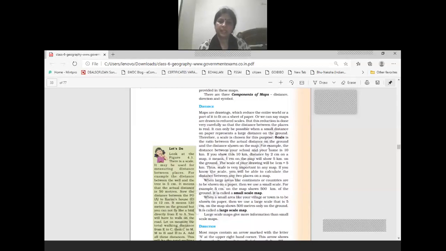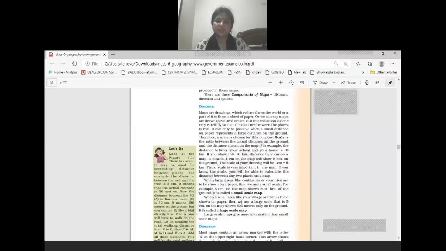Okay, we have to follow a scale, and you can see it here. It is written: scale is the ratio between the actual distance on the ground and the distance shown on the map. Okay, and examples have also been discussed, and in this connection we have seen that there are two types of maps: small scale maps and large scale maps. Small scale maps are those maps in which large areas like continents or countries are shown on a paper.